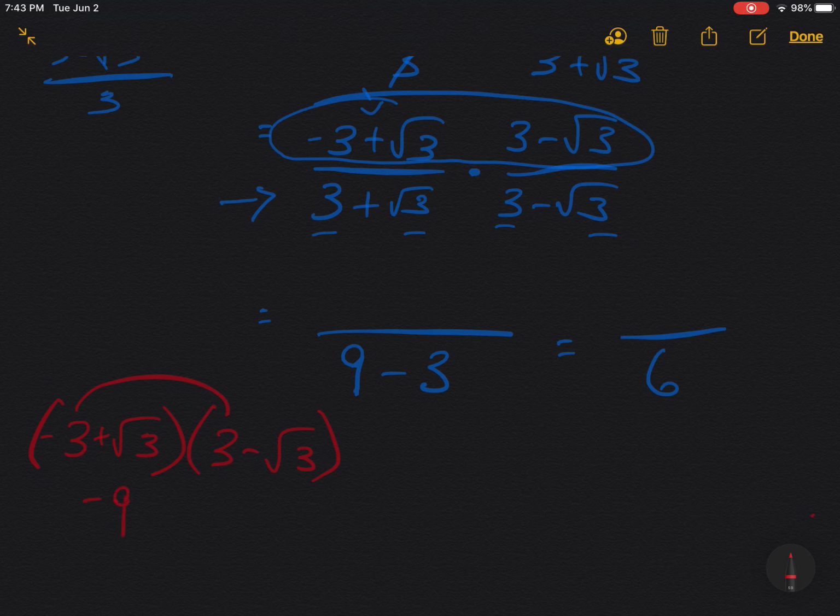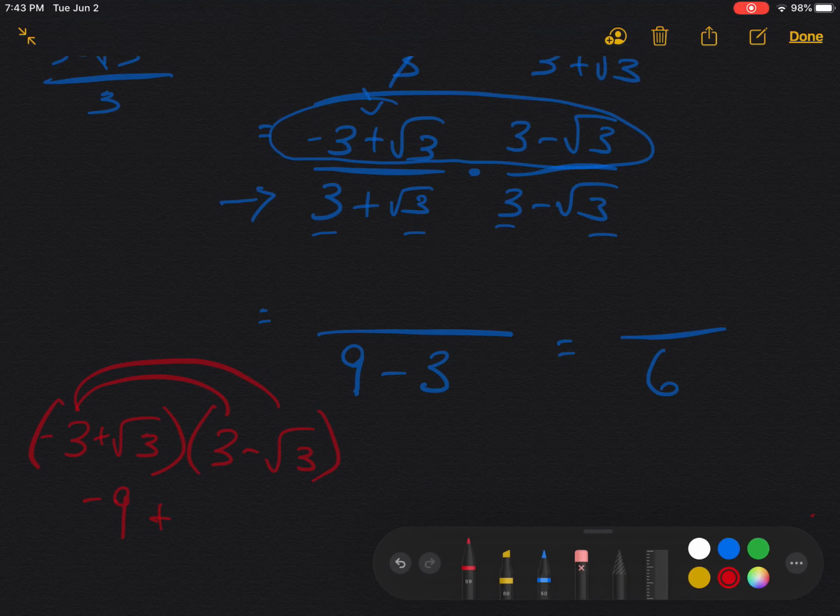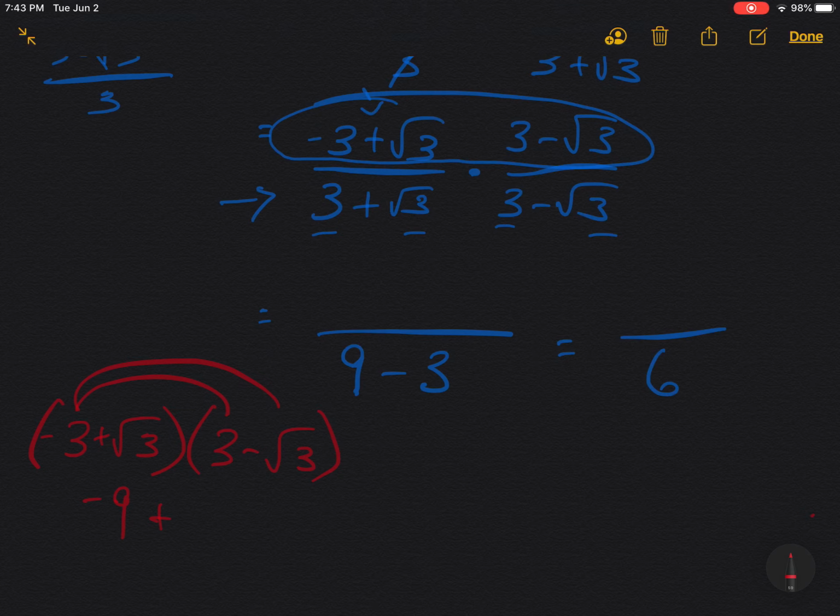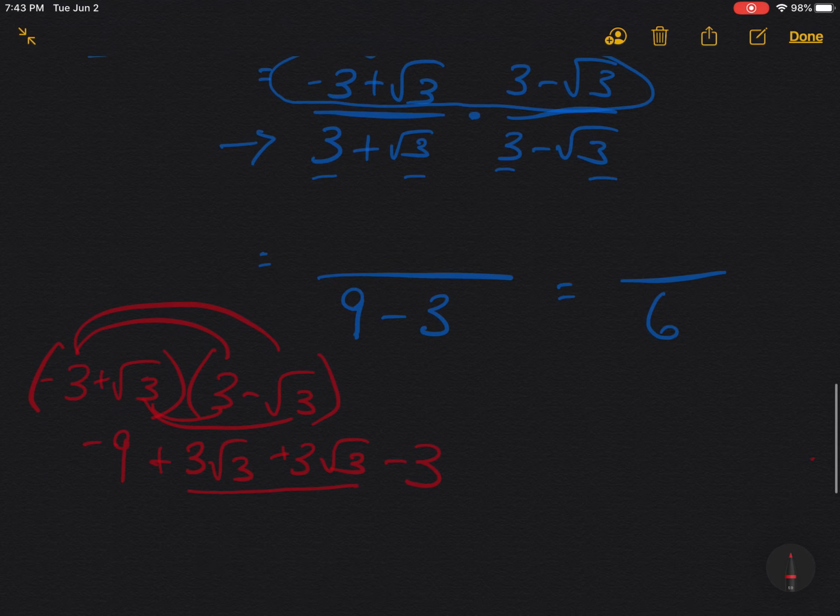So distribute that. Oops, nope, I'm wrong. Okay, so -3 times square root of 3 would be positive 3 square root of 3, okay? And then right here, plus 3 square root of 3, and then minus 3. Combine these like terms, that would be -9 plus 6 square root of 3 minus 3.